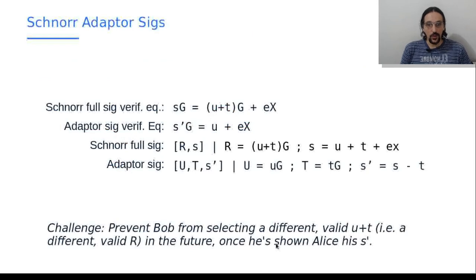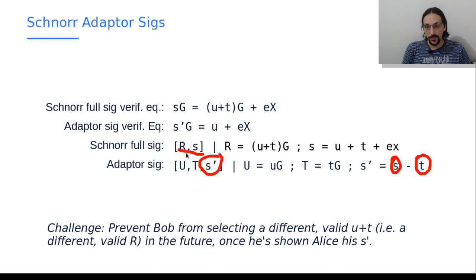So what we want to do is bind Bob's full Schnorr signature such that Alice, upon seeing the adapter signature, can figure out the secret scalar once she sees Bob's full signature on chain.